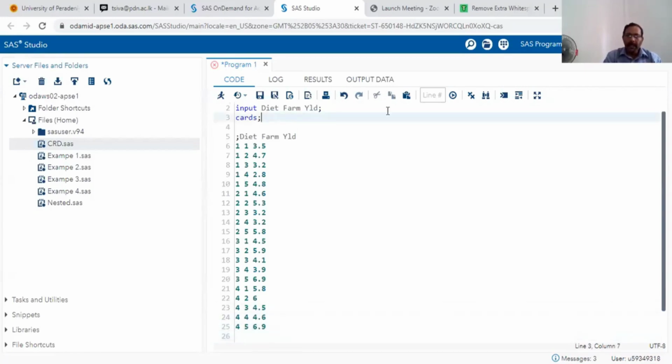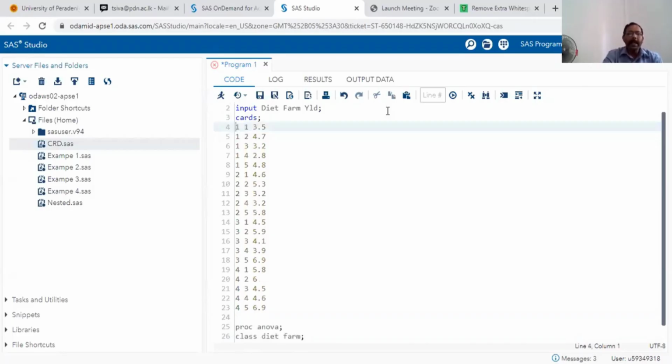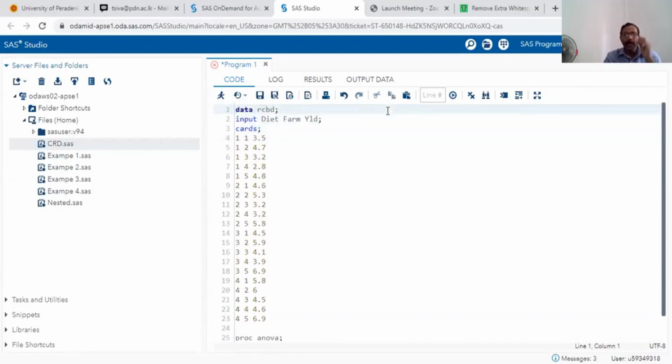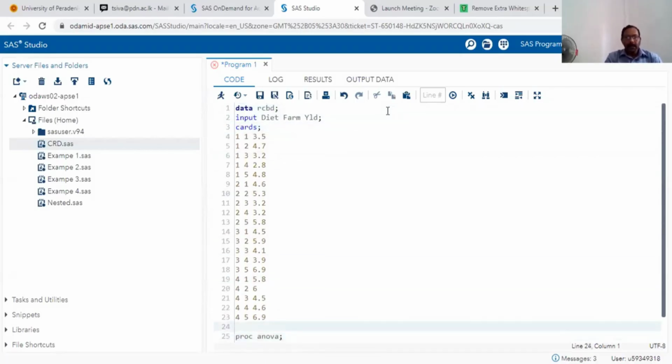Now you see these are not necessary. Only the data I need. I have removed all the titles and so on, and I have already entered these titles. Here you have the semicolon. Now it is not the same data.